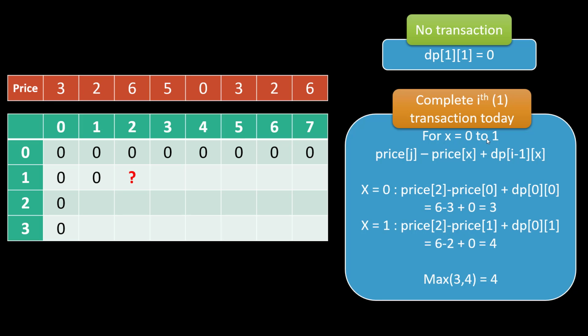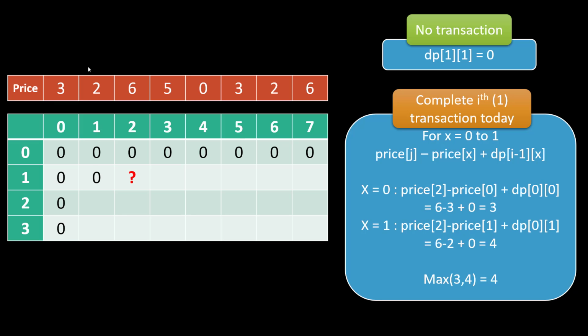So for x equal to 0 to 1, I am going to find out the profit. For 0, the profit becomes 6 minus 3, which is the ith transaction, plus I minus 1 transactions profit from day 0, which makes it 0. So 6 minus 3 plus 0 is 3.